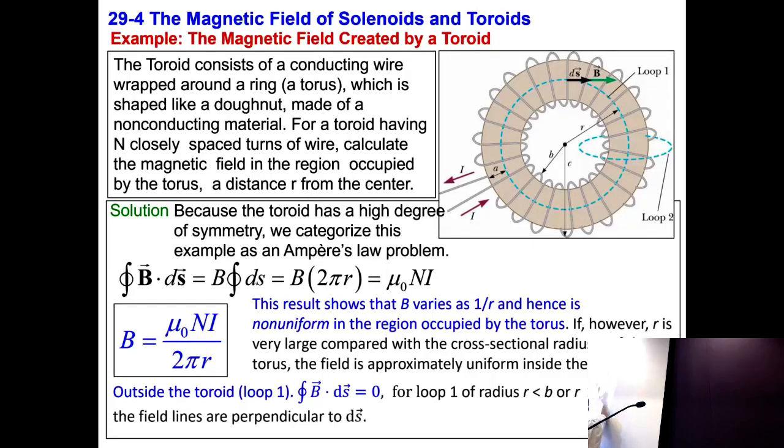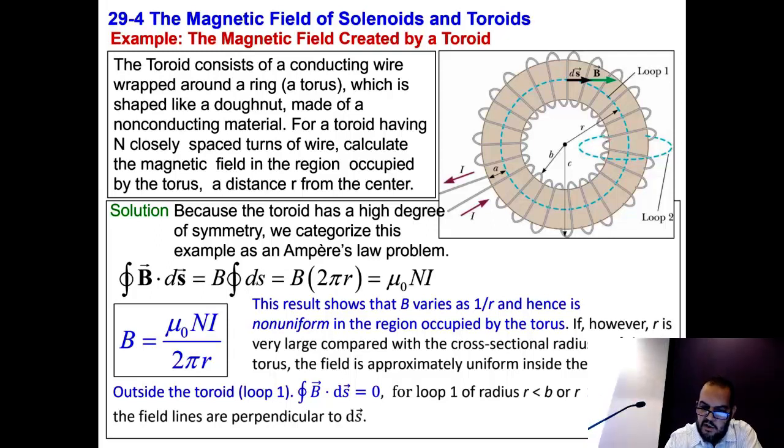This loop is outside of the body of the toroid, outside the donut, not in the meat or the dough of the donut. In certain regions the current is moving in and in the other region it's moving out. In that case, they will cancel each other.